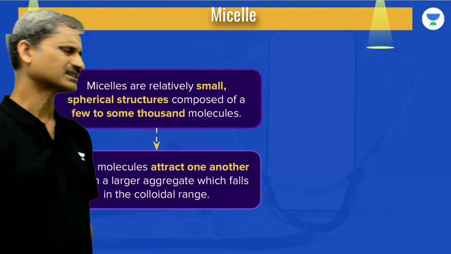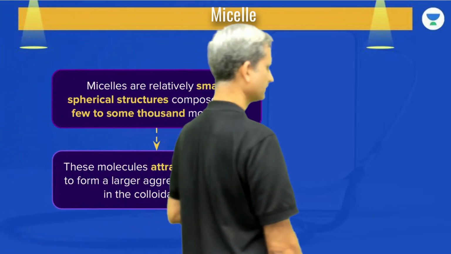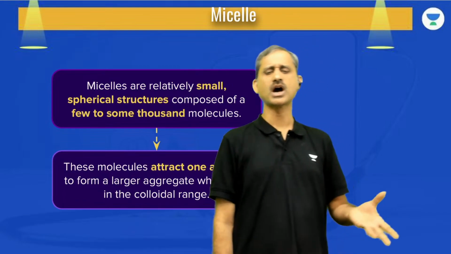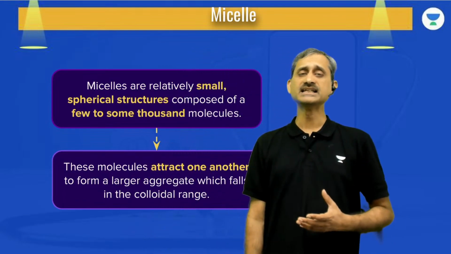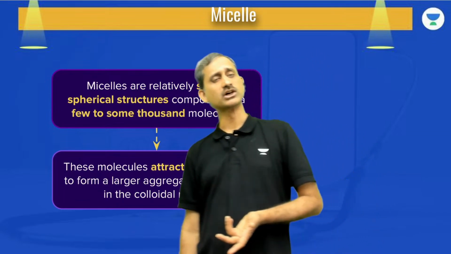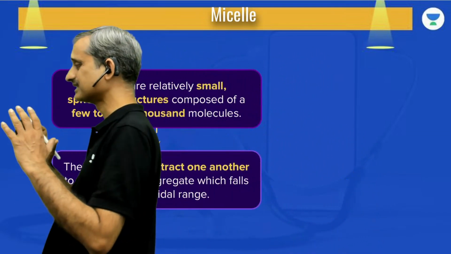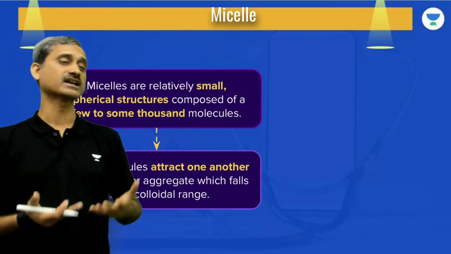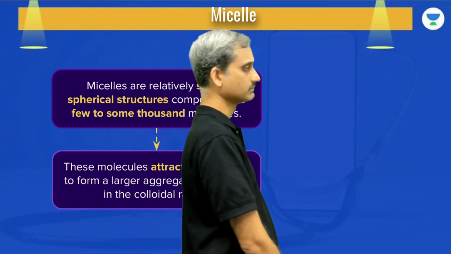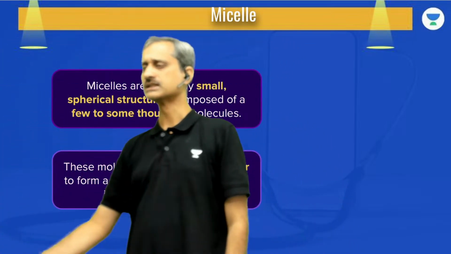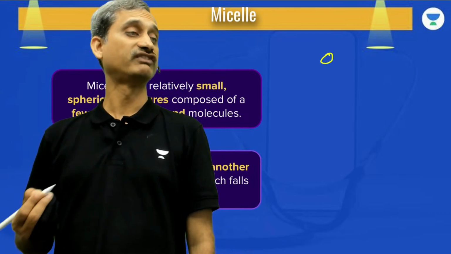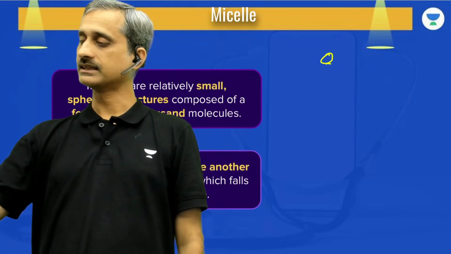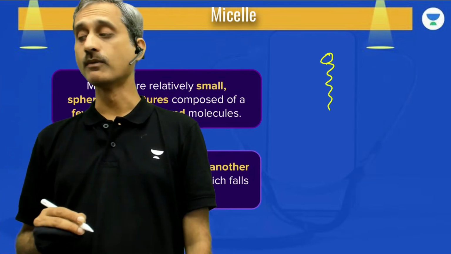Micelles are small spherical structures which are formed by 100 to 200 molecules joining with each other. Individually, these molecules are not large enough to be in the colloidal range, but they form a cluster, an association, a specific arrangement to form the micelles. Micelles always have a head, which is lyophilic in nature, and a tail, which is lyophobic in nature.